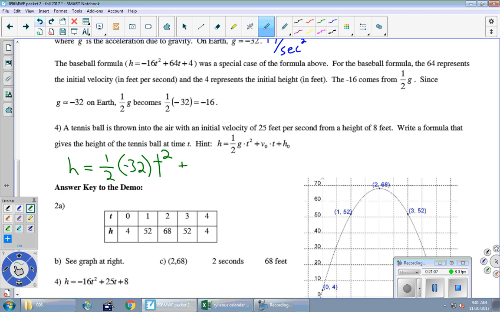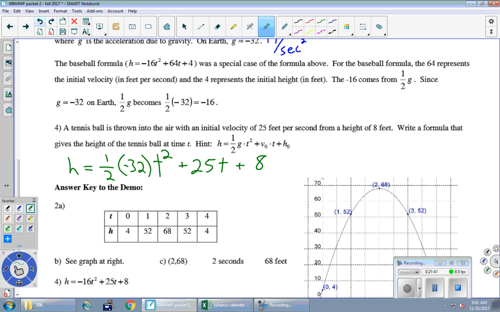V sub 0 is a number. V sub 0 stands for velocity initial. 25. Copy the t. Initial velocity is 25. We just copy that right there. I'm continuing to copy here plus h sub 0. That stands for height initial. It's given in the problem. What is it? 8. So all we did was copy our generic formula there, but we changed g to negative 32.